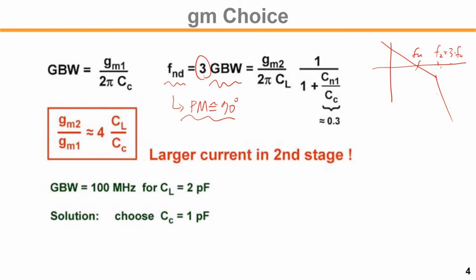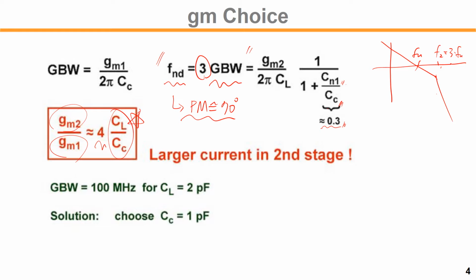To target that, how do we design it? Assuming the parasitic capacitance versus CC ratio is around 0.3, then using that factor, we can get approximately that GM2 versus GM1 is 4 times CL over CC, right?